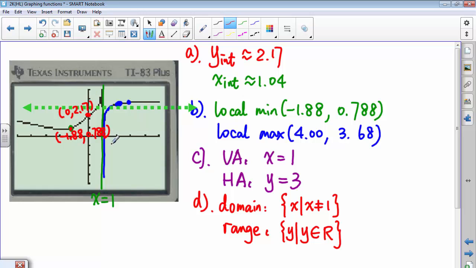We label this x-intercept point as 1.040. And we label the maximum point around here as 4.00, y value around 3.68. Then we will show the horizontal asymptote y equals 3 and the vertical asymptote x equals 1. So in this case, my sketch for the function is complete.